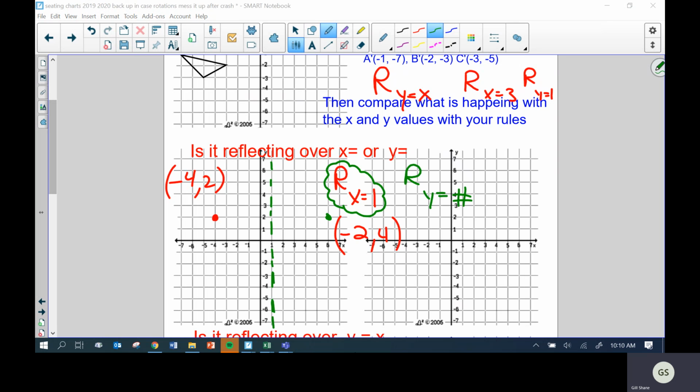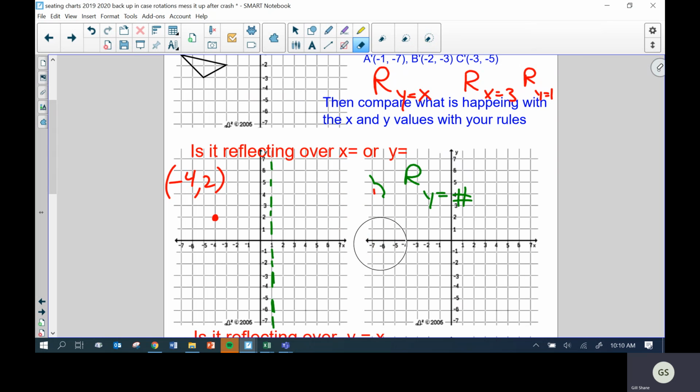So I'll explain what I'm saying. So let's start over with the same point. Instead of maybe doing the reflecting over x and y first, check all your actual rules. So if this is my x and my y, and I had, what did I say, negative 2, comma, positive 4, right?